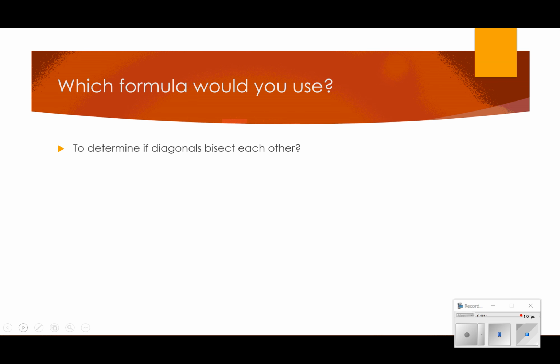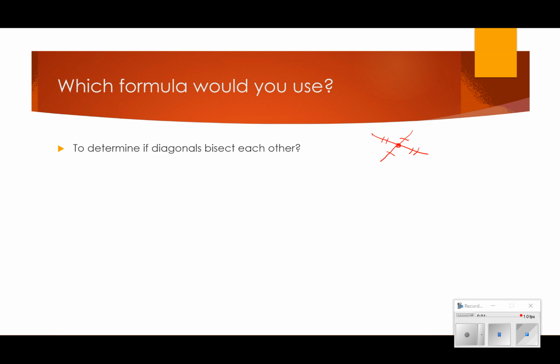So let's stop and think. Some of these are the different ways that I can prove what a quadrilateral is, or prove that something's a parallelogram. If I want to determine that the diagonals bisect each other, remember that means we're going to get congruent halves.